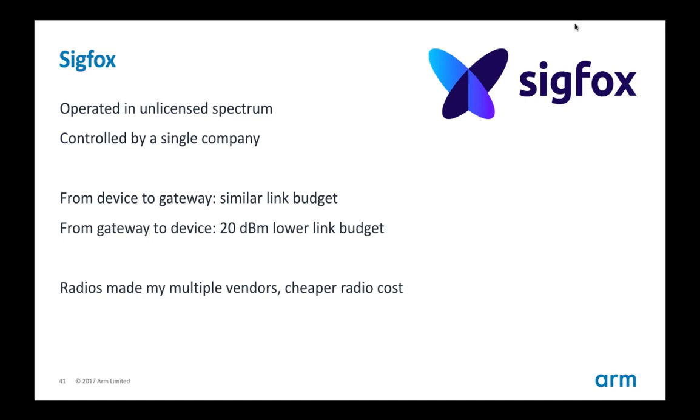You just pay for connectivity, but it gives a bit less freedom. What is nice about Sigfox is because the radios can be made by multiple vendors, that gives cheaper radio cost. So a LoRa radio, a raw radio, right now in low volumes is about $6, and a Sigfox radio can be bought for about $2. So that's an immediate advantage. However, you're going to leak some money with operating the network.